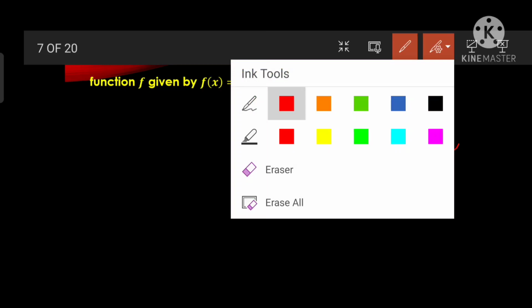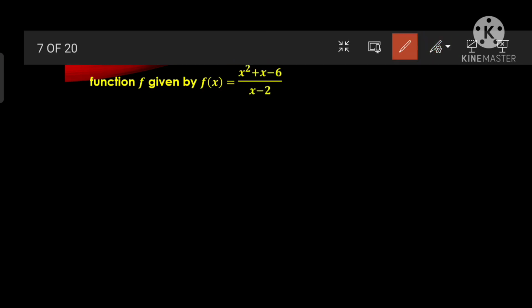In this case, we will construct a table of values. We have x here, and then we have f of x. I use a vertical table of values.